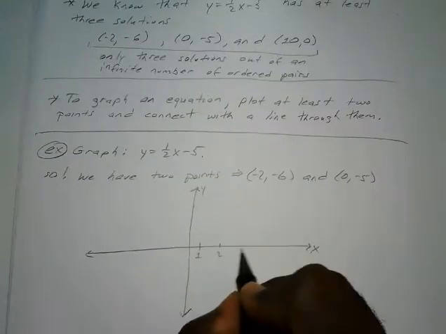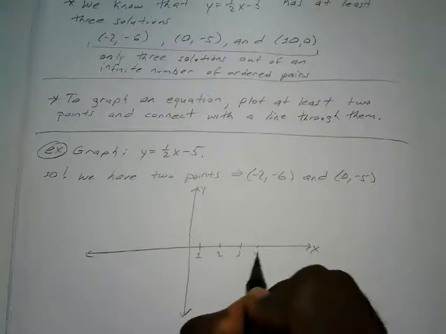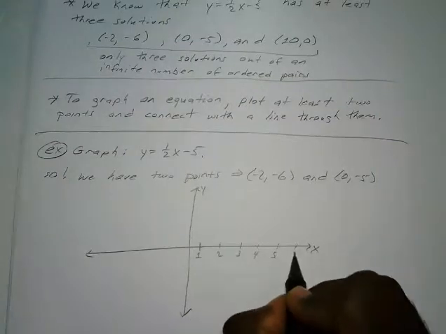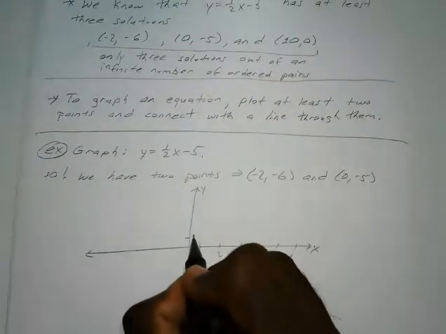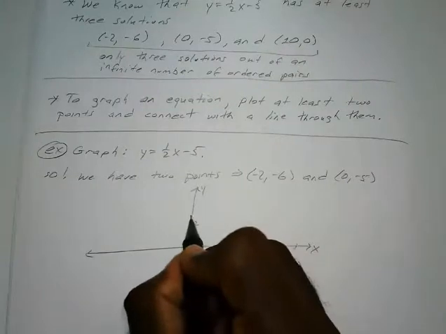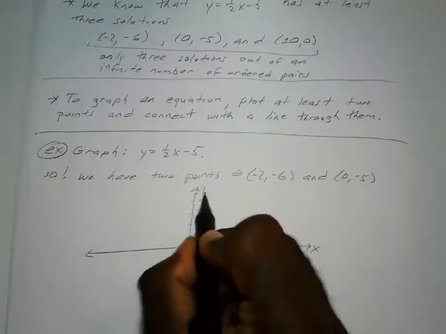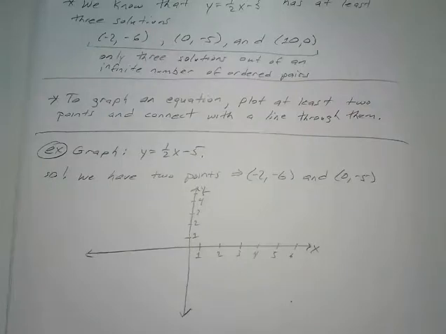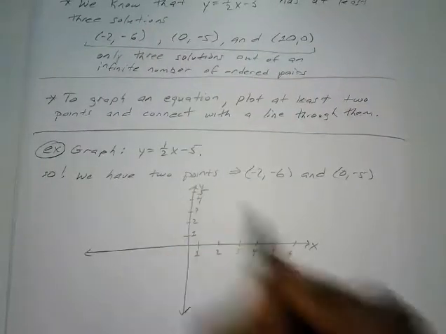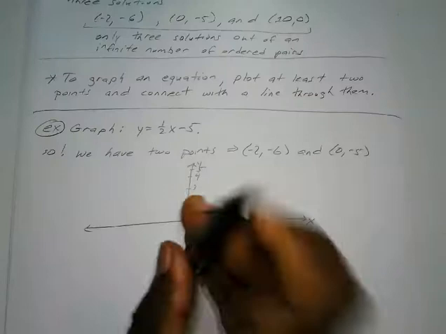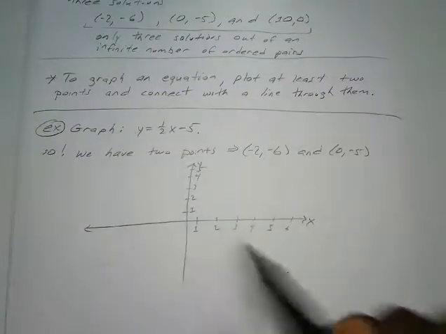So we have 1, 2, 3, 4, 5, 6. 1, 2, 3, 4, 5. Let me clean that up a little bit. And let me bring this down just a little bit more.